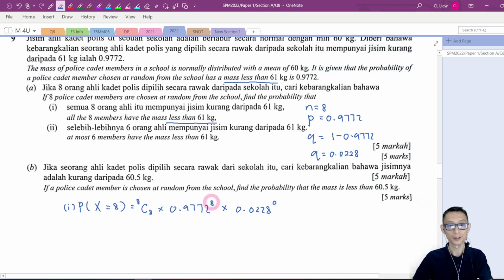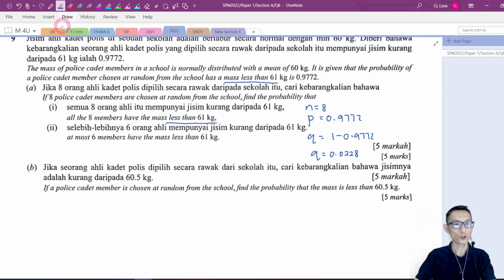Always remember, the sum of these two powers must be equal to the total number of tries. So just press your calculator. 8C8 is equal to 1, right? 0.9772 raised to the power of 8, and this raised to the power of 0 is actually equal to 1. Our answer, I just round it off to 4 decimal places, is 0.8315. Okay, this is the answer for part 1.